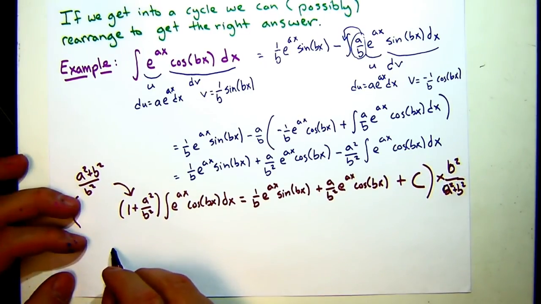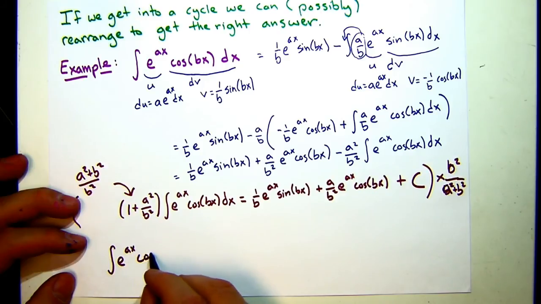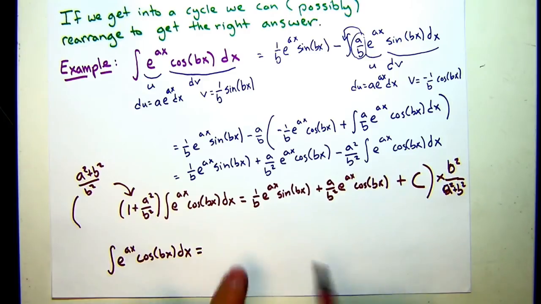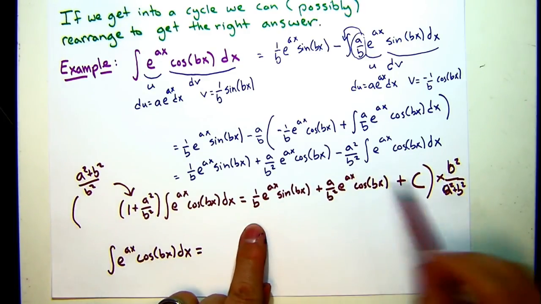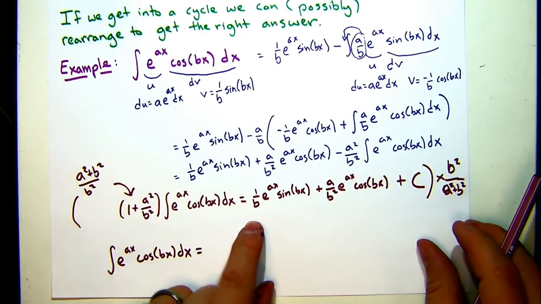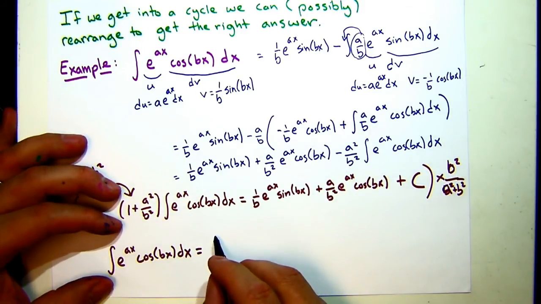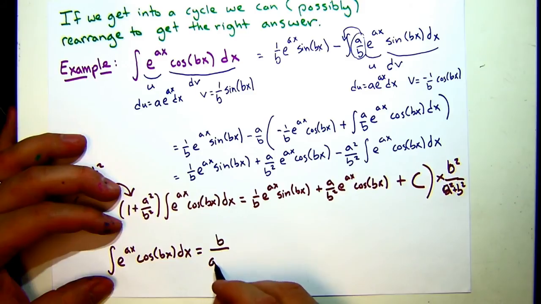Okay, there we go. What do we get? Well, we get 1. So we get the integral e to the ax cosine bx dx equals. Now here, notice I have a 1 over b, and here I have a b. So I get to do a little bit of cancellation.